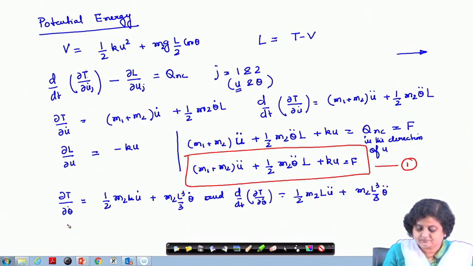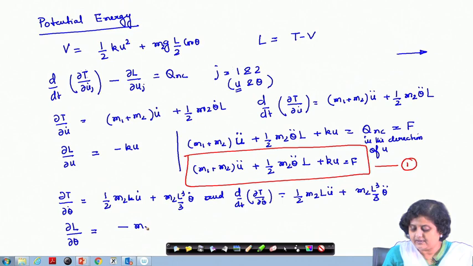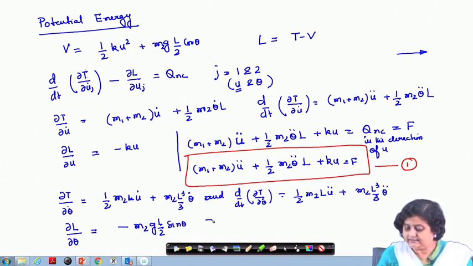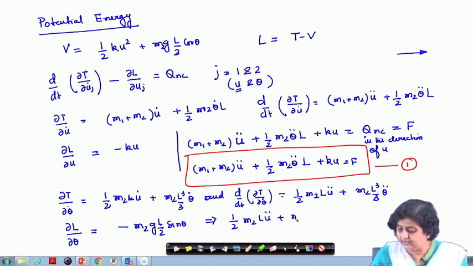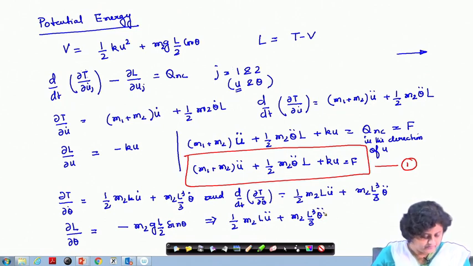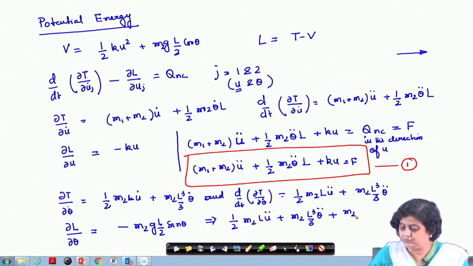Similarly, my del L by del theta is going to be minus m2 g L by 2 sin theta, and that is going to give me the equation of motion as half m2 L u double dot plus m2 L cube by 3 theta double dot plus m2 g L by 2 sin theta.